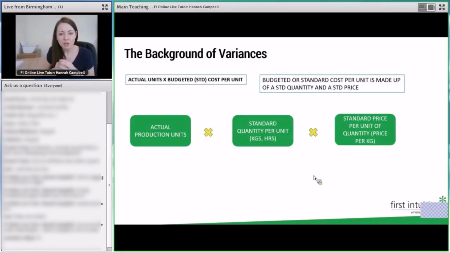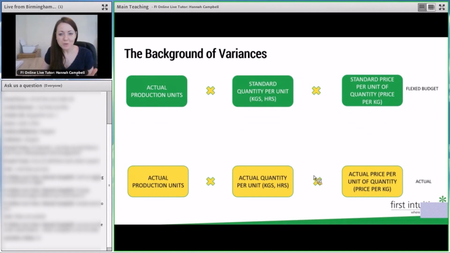What we want to try and understand is, where is the problem? Is it to do with our efficiency and our production processes or our staff? Or is it because of our purchasing and the suppliers and our negotiation skills? So we can break it down, get a better understanding, which means in the future we can improve our performance.